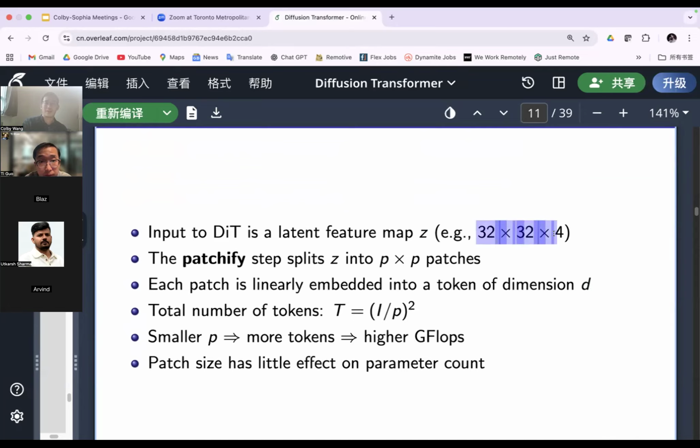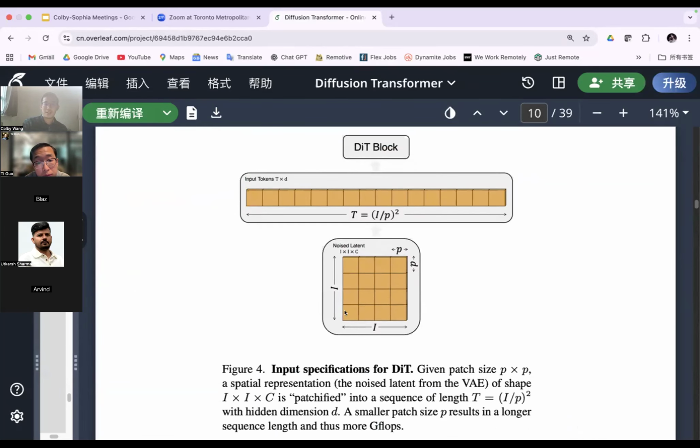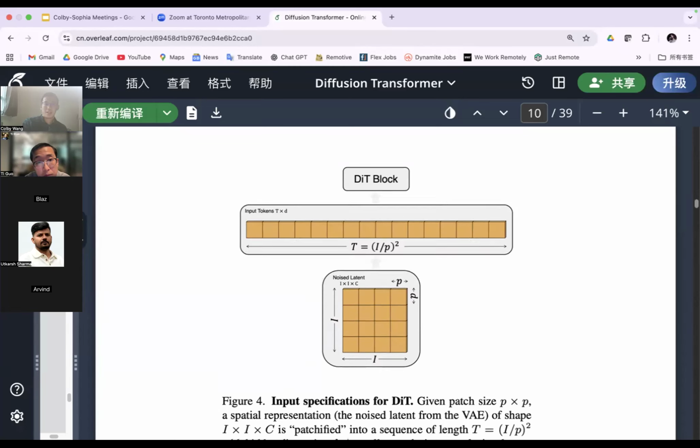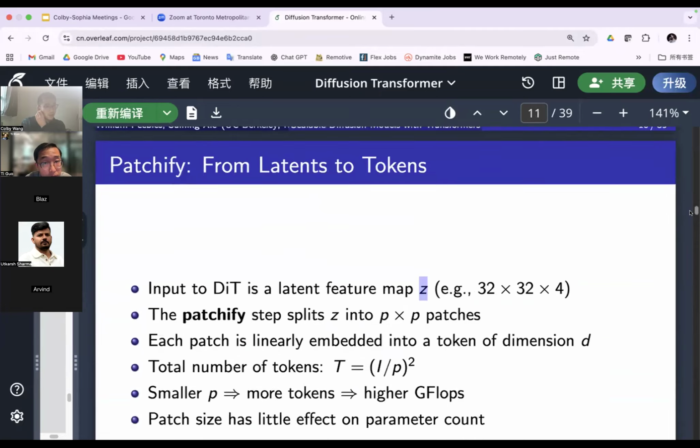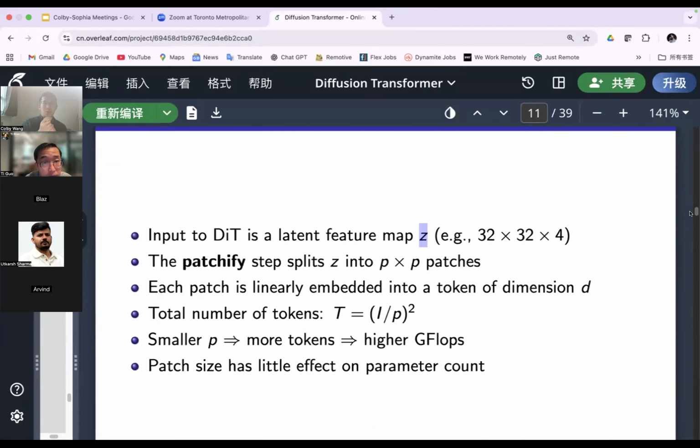Like we compress from 256 by 256 by 3 channels into a smaller dimension, basically. So we are referring to the compressed image as this letter? Yeah, Z is basically the whole I times I matrix. Okay, understood. Thanks. Any other questions?